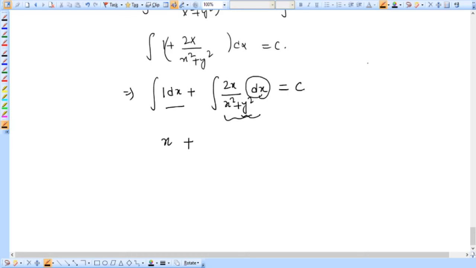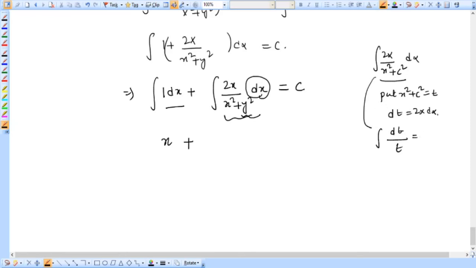So if you have to integrate 2x upon x square plus c square dx, how would you integrate this? You would put x square plus c square is equal to t, and then you will see dt is equal to 2x dx. Now replacing 2x dx by dt and denominator x square plus c square by t, it would be equal to log t.